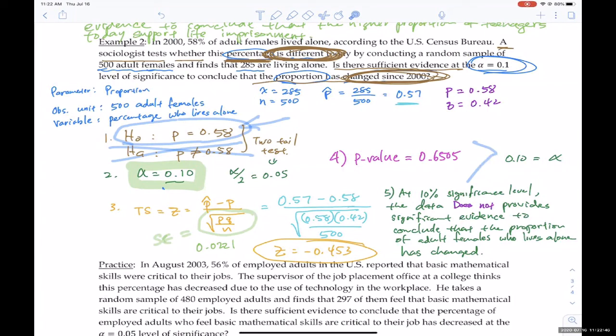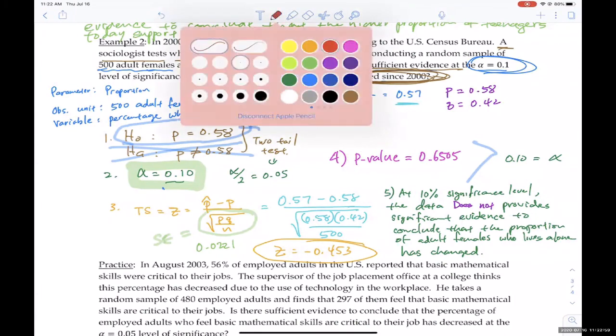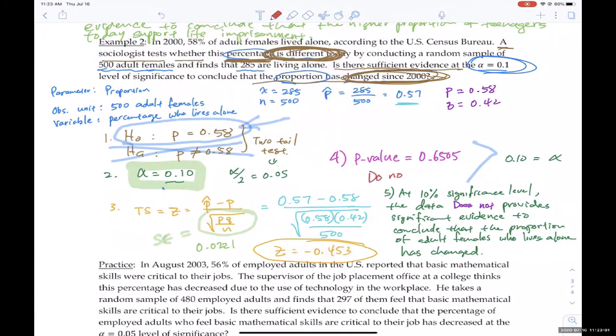If your p-value is less than the significance level, reject the null hypothesis. If the p-value is greater than the significance level, do not reject the null hypothesis. So therefore, I should say over here, do not reject the null hypothesis.